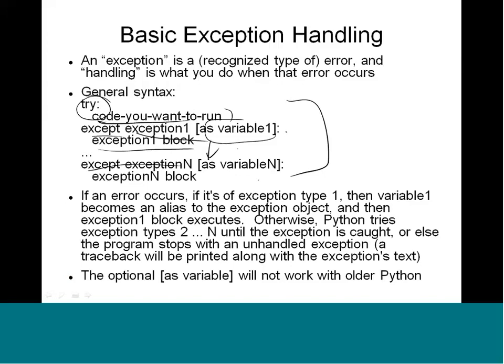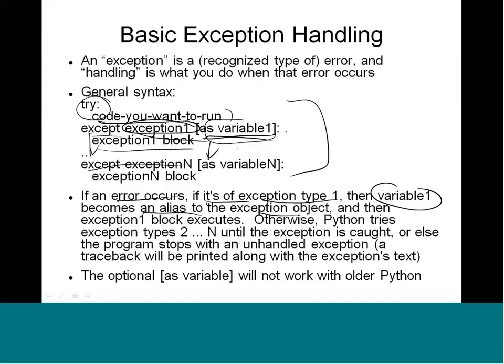So what this code means is that if an error occurs, and if it is of exception type 1, which is here, then we set the variable 1, it becomes an alias to the exception object. So that's specified here, and then this block of code starts executing.